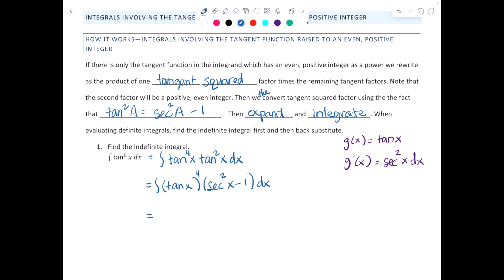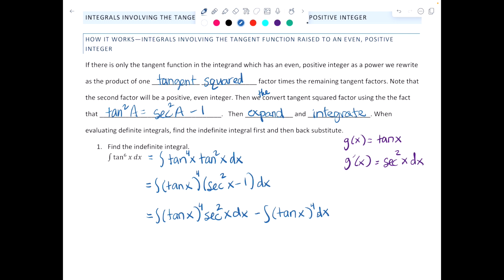And then we will have the integral of tangent at x to the fourth times secant squared at x dx, minus the integral, I'm splitting into two integrals, of tangent at x to the fourth dx.